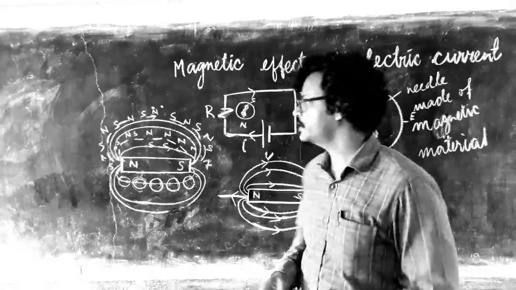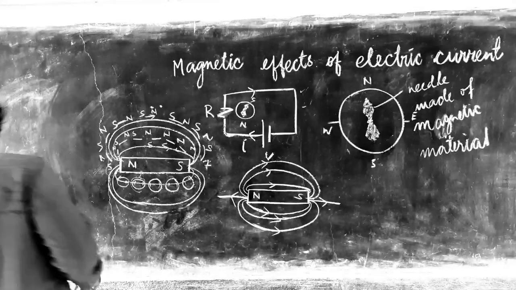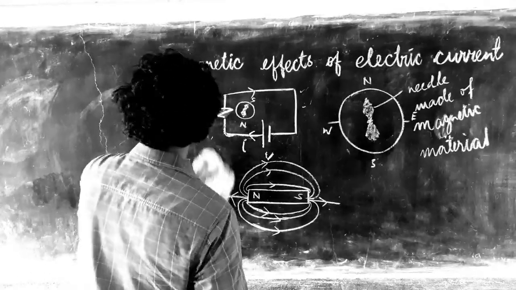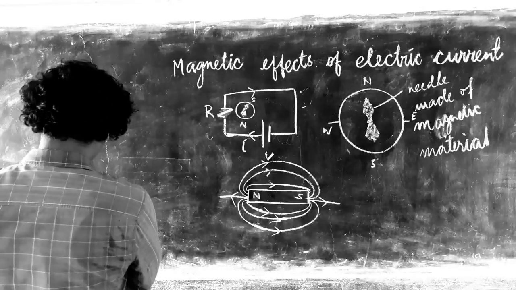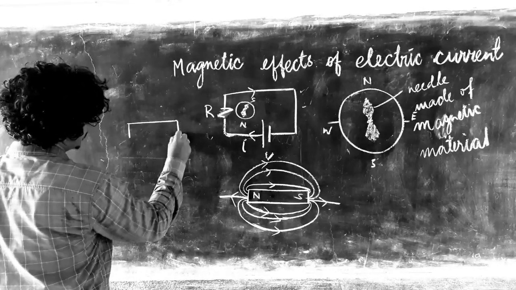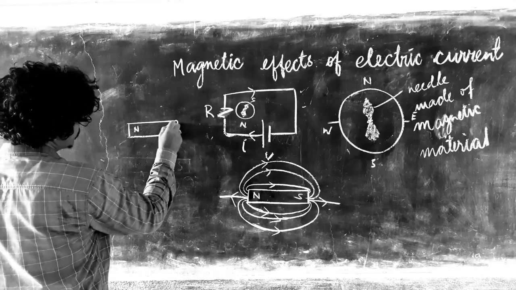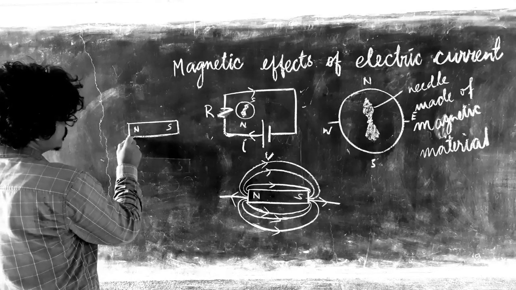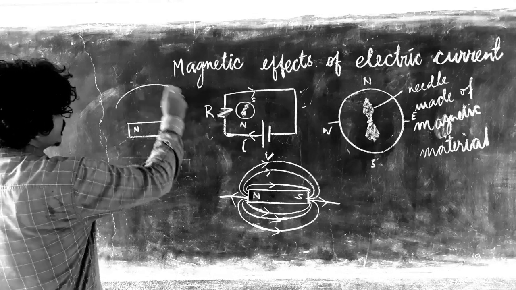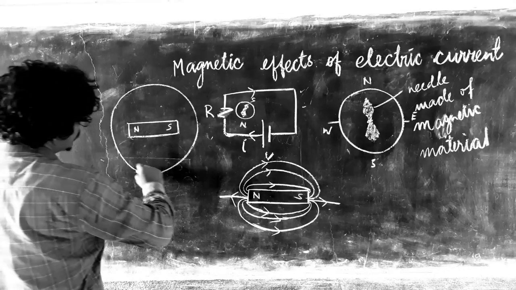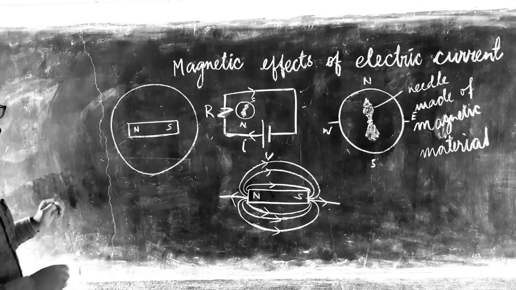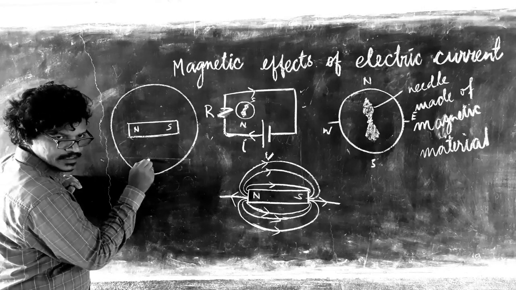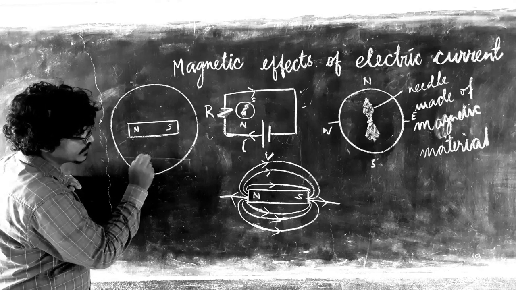So what is a magnetic field? Suppose this is a magnet, this is the north pole, this is the south pole. This magnet will produce a field in the region near this magnetic bar. Whenever any magnetic material is placed in this region, force will be applied to it.